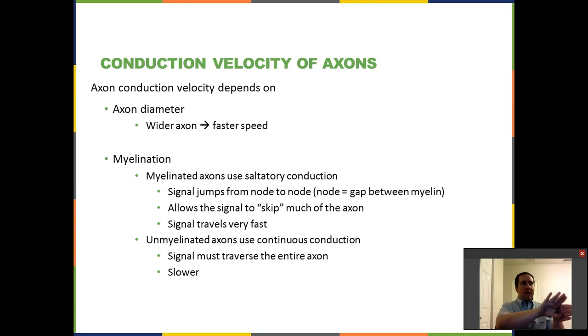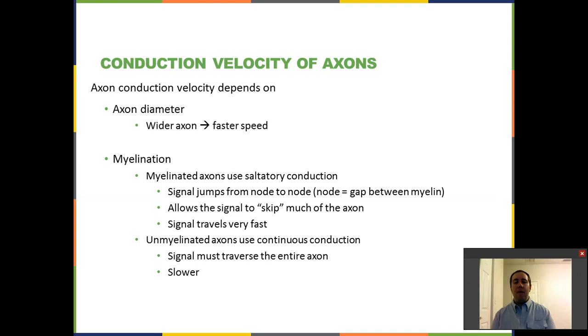The action potential goes boom, boom, boom, from one node to another, and it skips 75% of the axon. So it allows that signal to move very, very quickly.